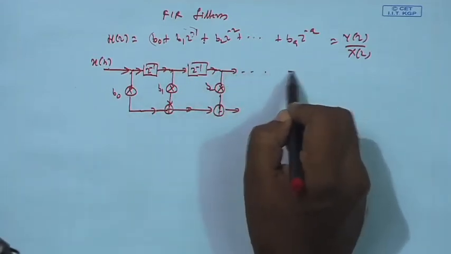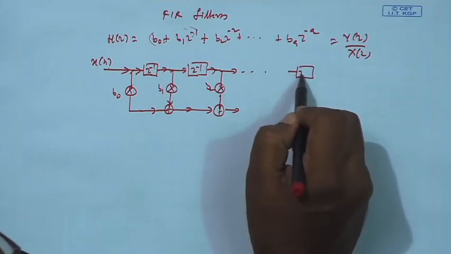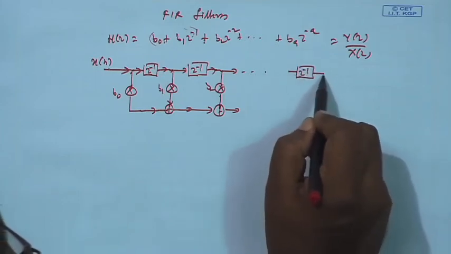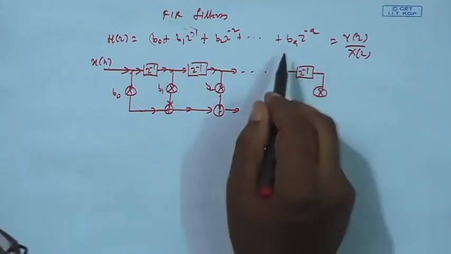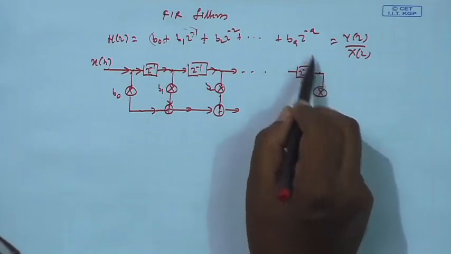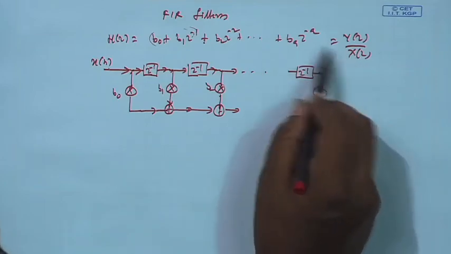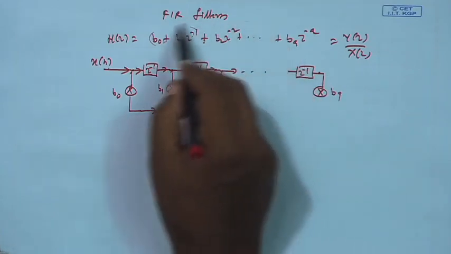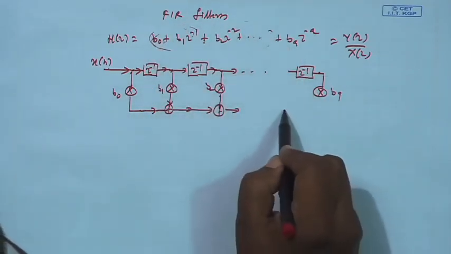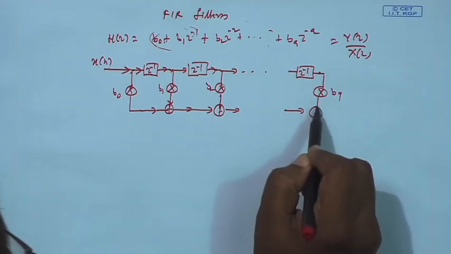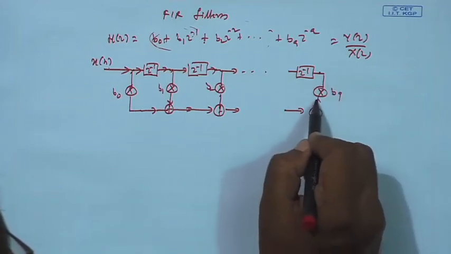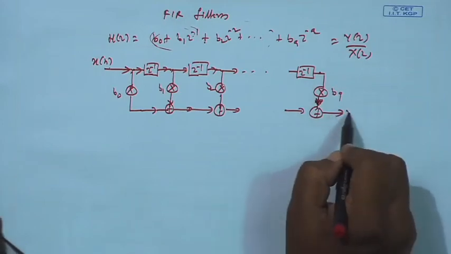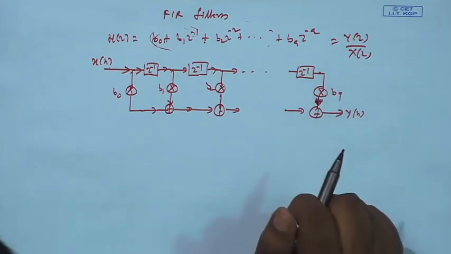Lastly, you have z to the power minus q into X(z). Now, here Bq will be added with whatever has been accumulated till then, coming from this side. Okay. Sorry, it's the other way. Output. This is very simple.